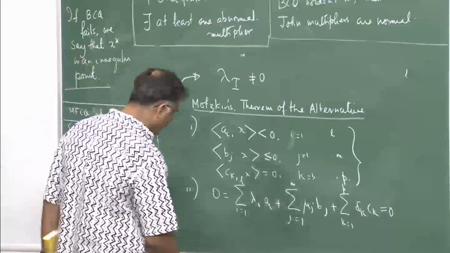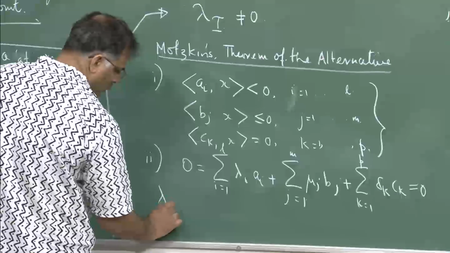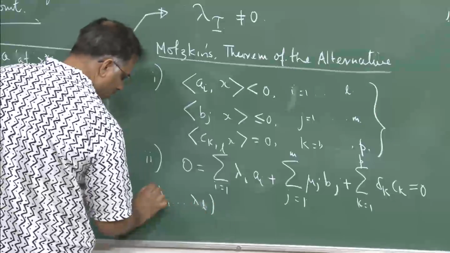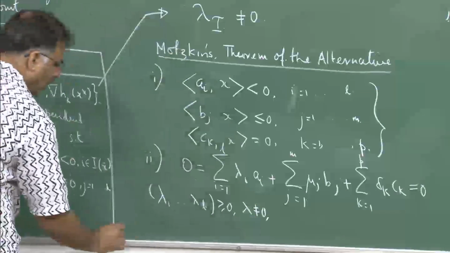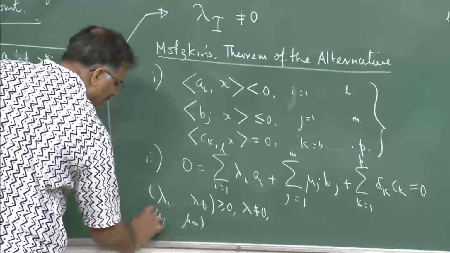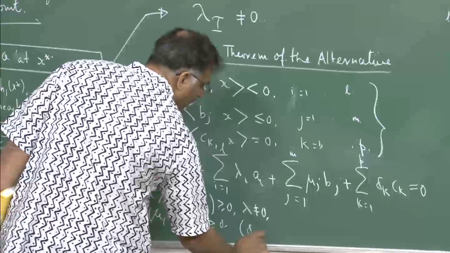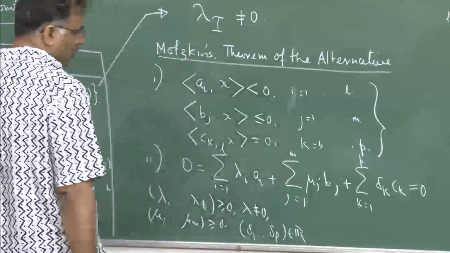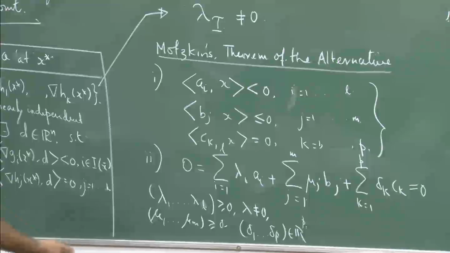Here you would actually take lambda i, that is lambda 1 to lambda m, all greater than equal to 0, but lambda is not equal to 0, and you will have the vector mu j's, mu 1, mu 2, ..., mu m, greater than equal to 0, while delta 1, delta 2, ..., delta p is in R^p. So, these are the two systems.